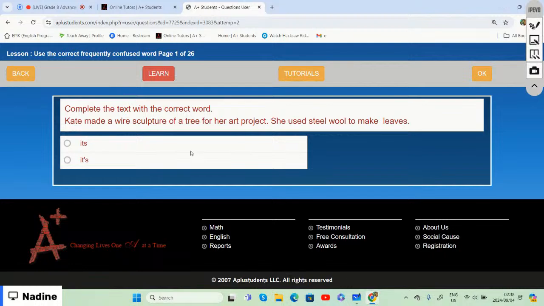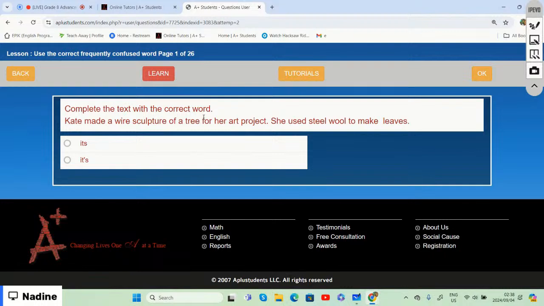We said complete the text with the correct word. It says: Kate made a wire sculpture of a tree for an art project. She used steel wool to make, do we say option one, it's leaves, or option two, its leaves?